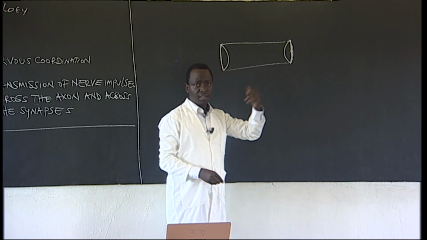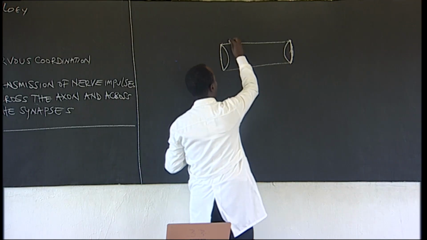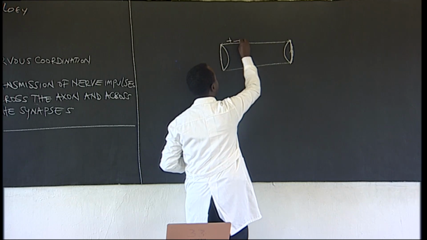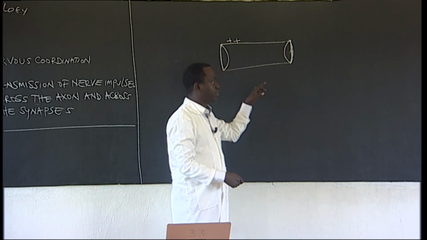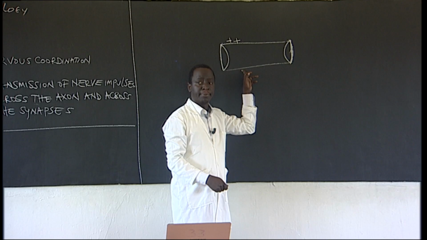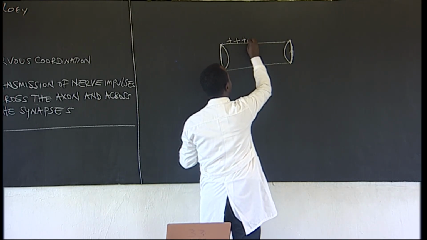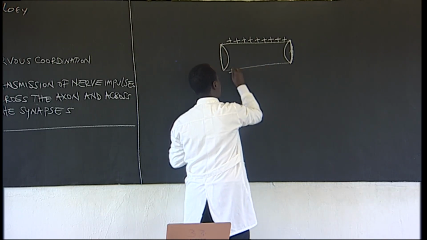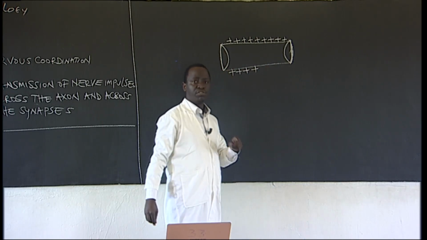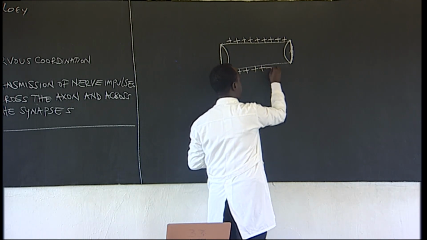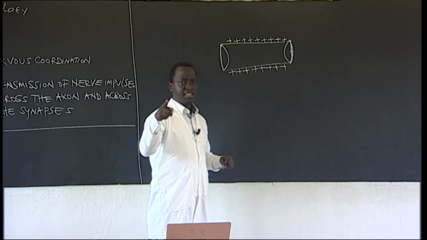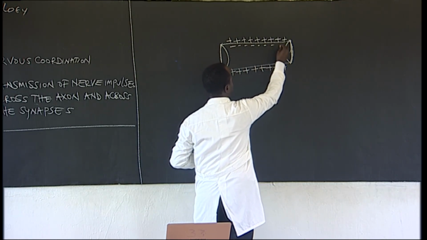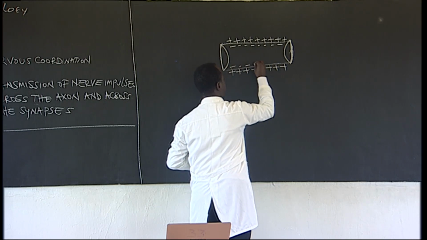First of all, suppose this is our axon. When there is no message going across this, the outside of the axolemma, or axon membrane, is surrounded by positive charges. Actually, they are sodium ions. On the outside we have these positive charges, then inside there is a negative charge.